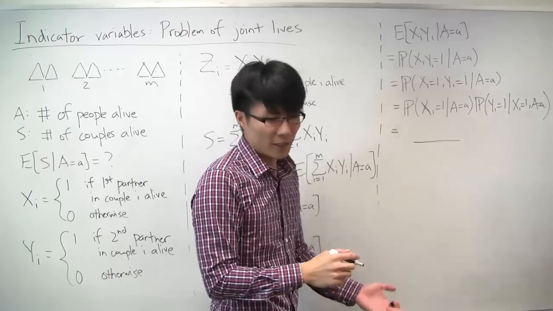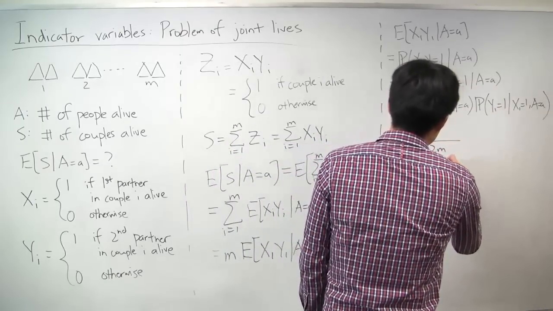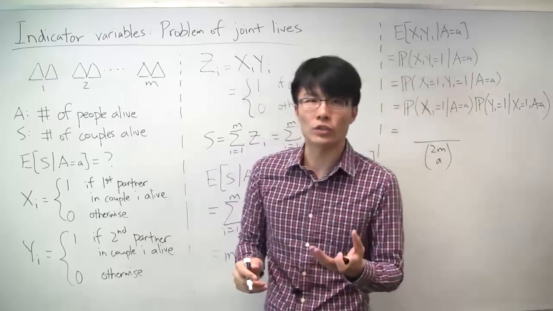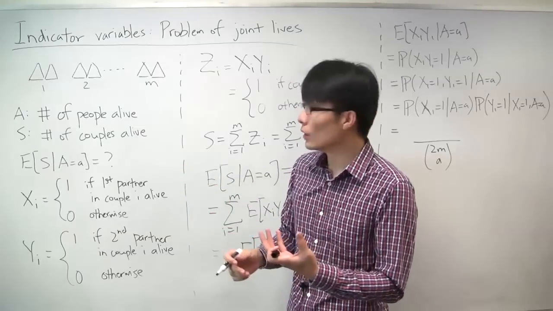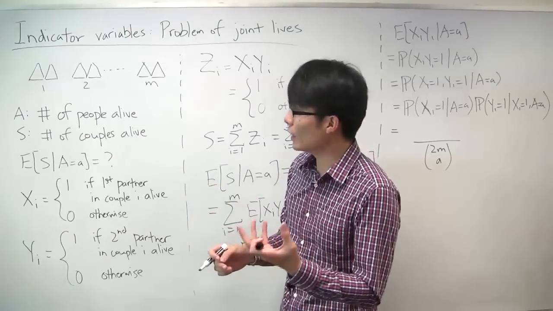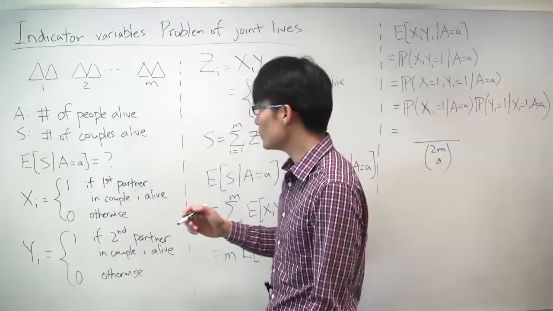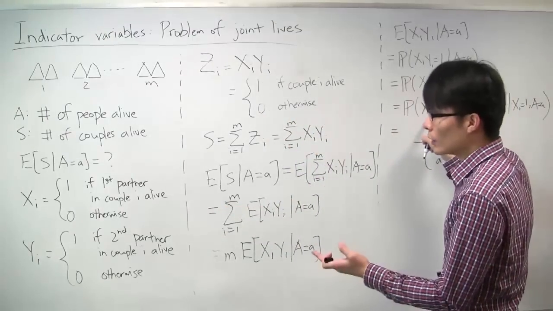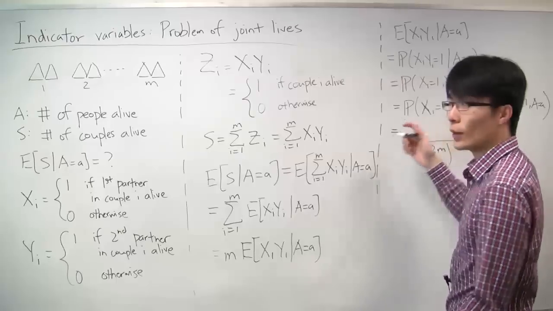Well, we have 2m people, and we need to choose a of them to be the ones who are still alive. So that's the total number of ways we can pick the a people who are still alive out of the original 2m people. Now, we want the first partner in the first couple to be still alive. So his place is already fixed.